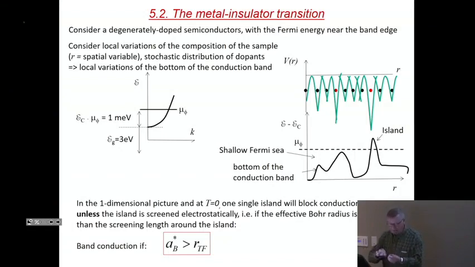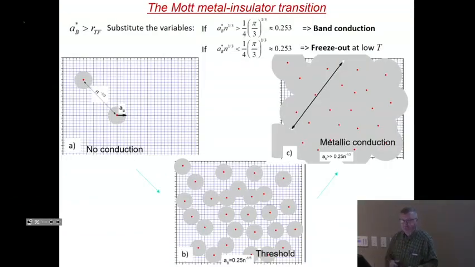In 1D, you have this location on the sample where you can't go. You have then the spatial extent of your wave function, and if that wave function is larger than this little barrier, it will just tunnel through it. But if it's smaller, it will be blocked. That's this condition. In 3D, it's a percolation problem, a little bit more complicated.